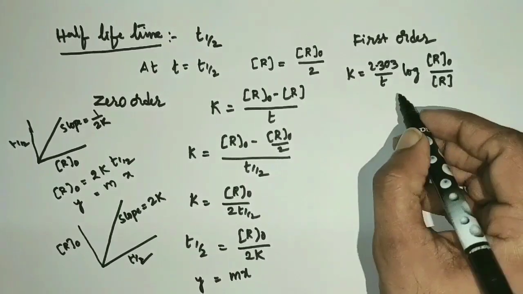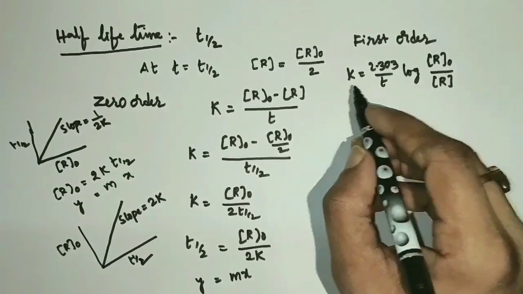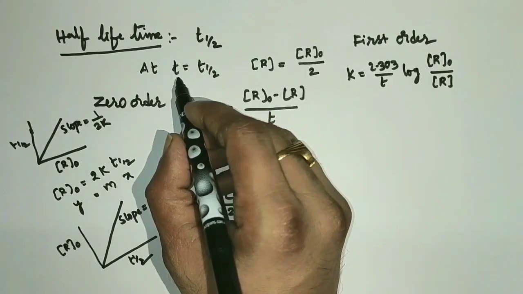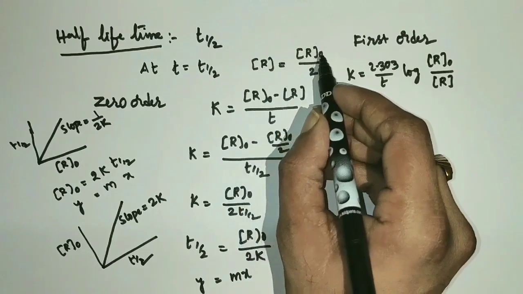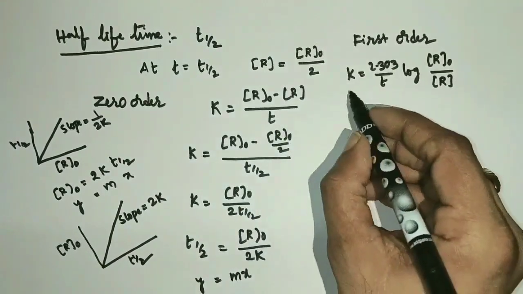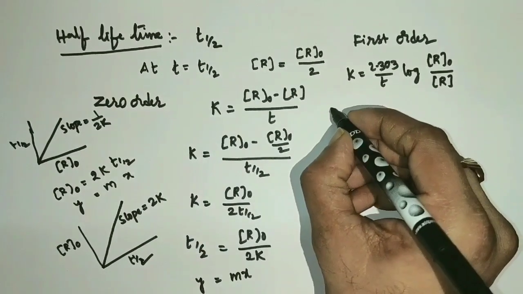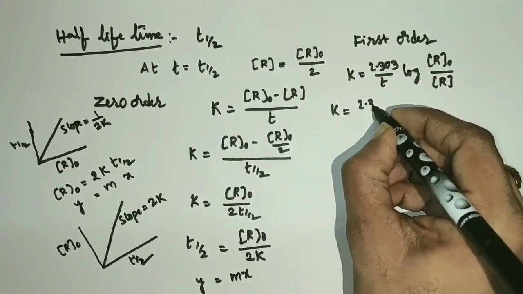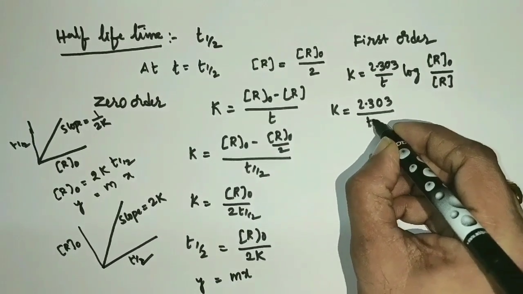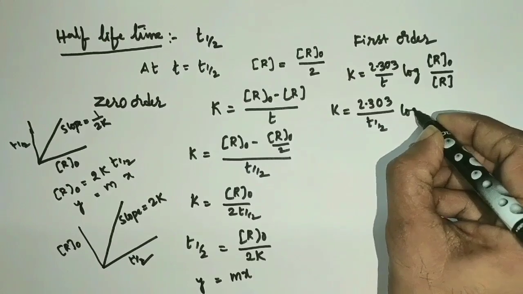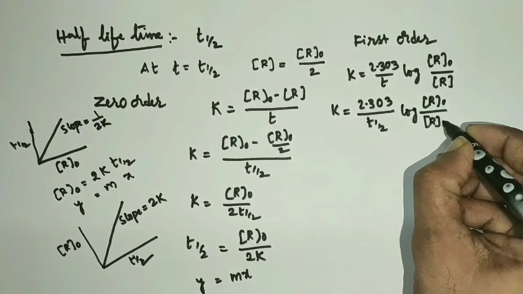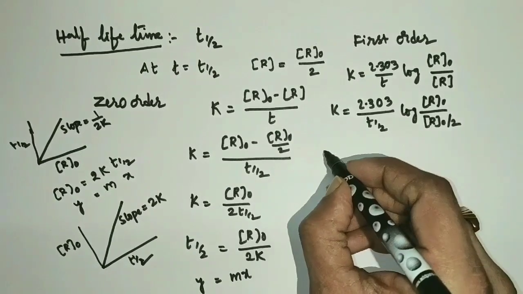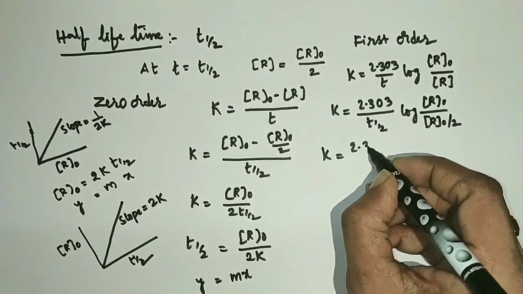If time equals half-life time, then concentration of reactants will be equal to half of the initial concentration. Substitute these two conditions here, then K equals 2.303 by T half into log R naught by R naught by 2. It is equal to 2.303 by T half into log 2.